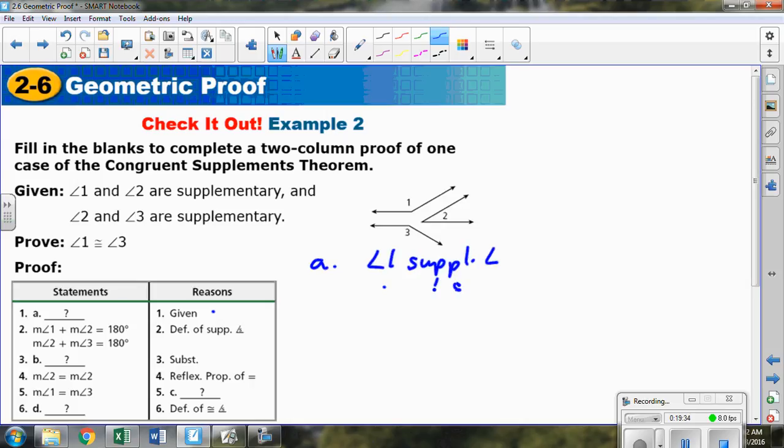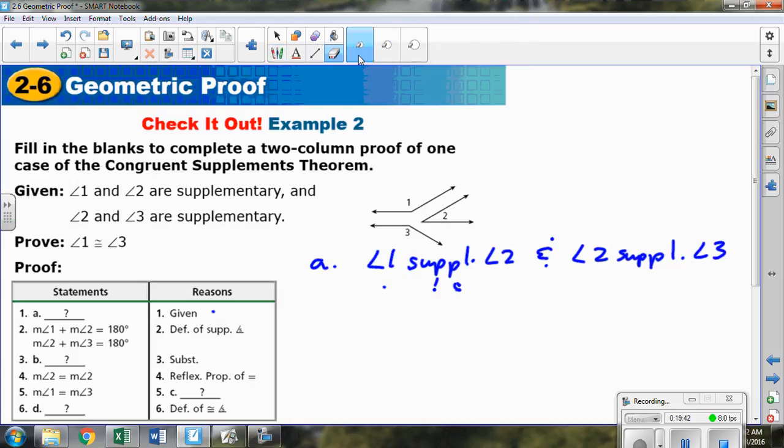Angle 1 is supplementary to angle 2, and angle 2 is supplementary to angle 3. Clean up this a little bit. There, we have our statement.